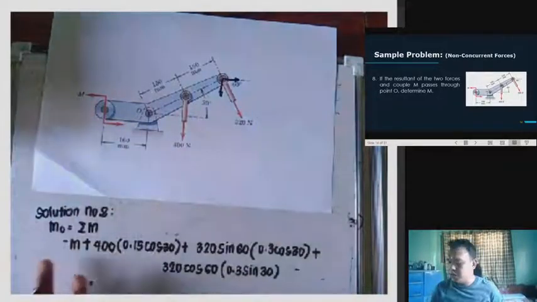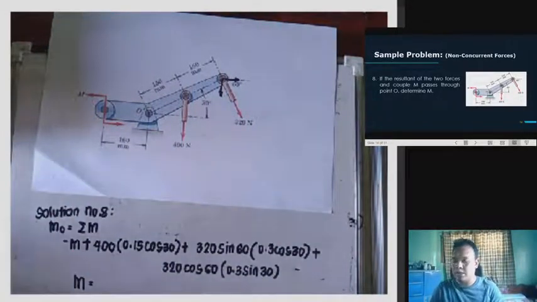So, pwede kong i-transfer ito sa kabila para maging equals na lang siya. So, we have here 400 times 0.15 cosine 30 plus 320 sine 60 times 0.3 cosine 30 plus 320 cosine 60 times 0.3 sine 30.